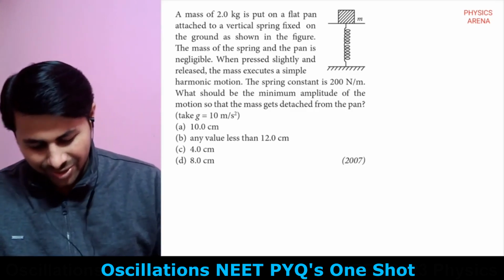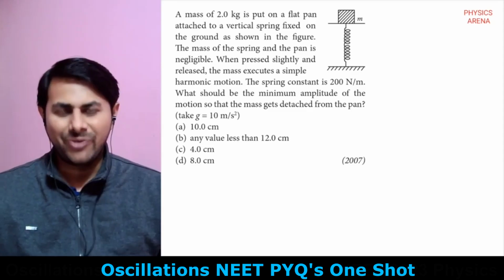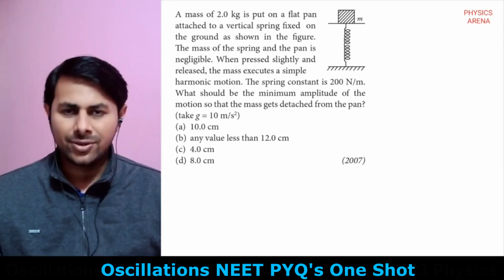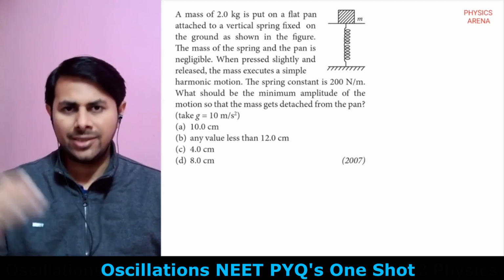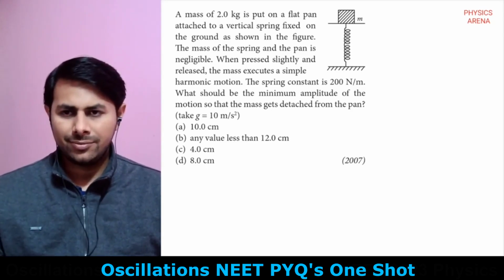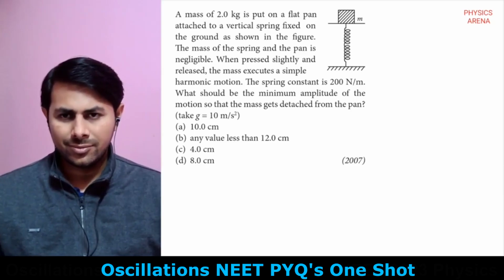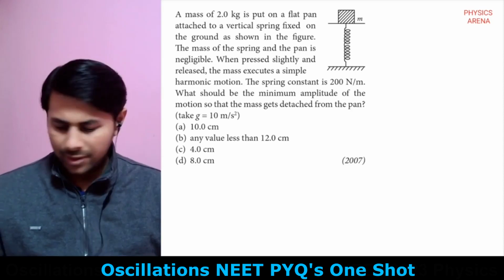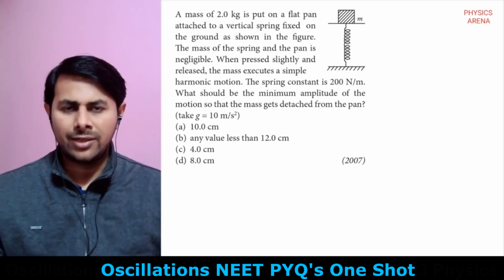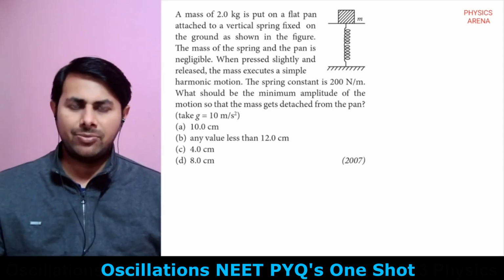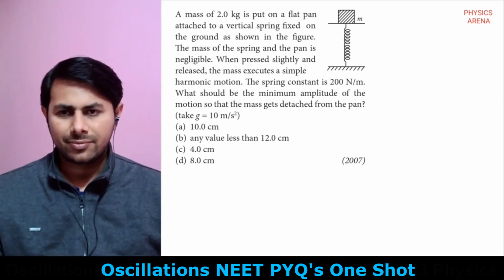Anyways, so what will happen? At what position will it get detached? Suppose you press it and release. There are two forces acting on it. One is the spring force, that's upwards, and another is the gravitational force, it's downwards.